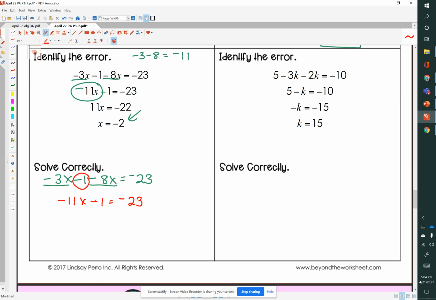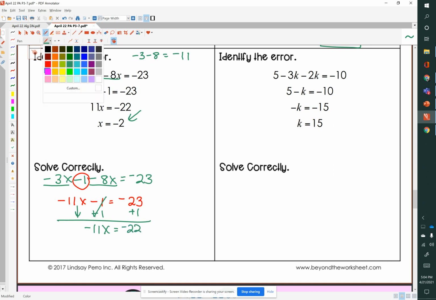So let's add 1 to both sides of this equation so that we can isolate the negative 11x. So negative 1 plus 1 is 0. And we bring down our negative 11x equals negative 23 plus 1, which is negative 22.